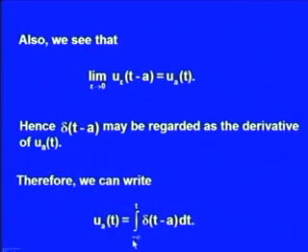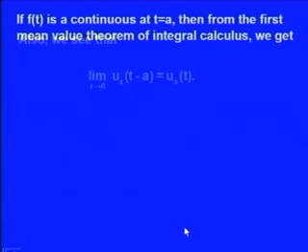So, we say that delta t minus a is the derivative of u a t, and since it is the derivative of u a t, we can write u a t equal to the integral over minus infinity to t of delta t minus a dt.